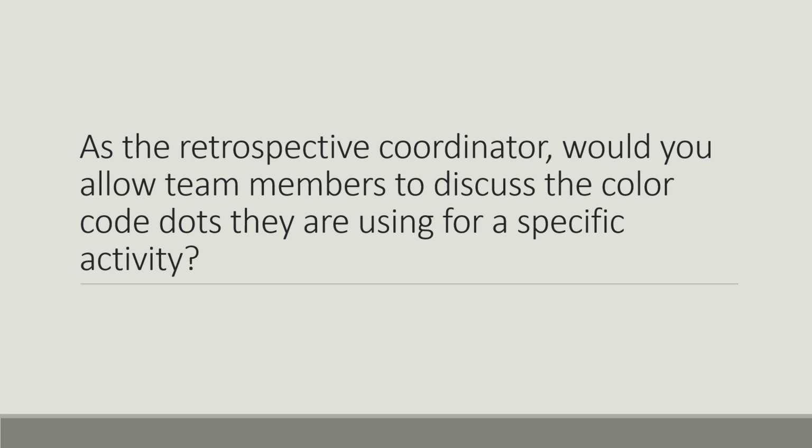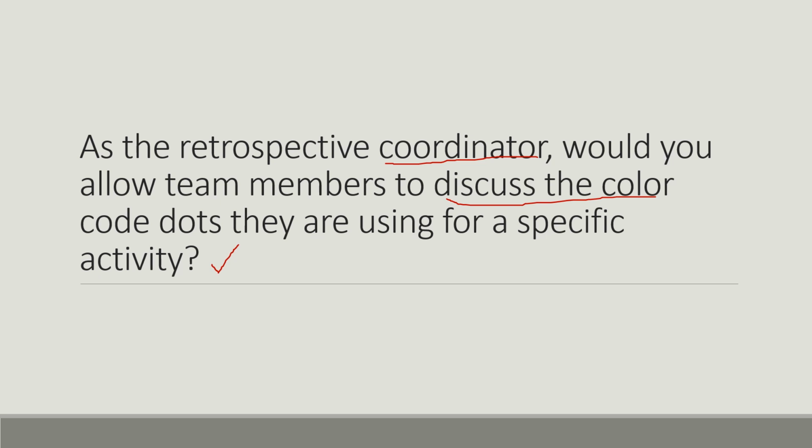So a quick question before we wrap this video up. As the retrospective coordinator, right? You are the project manager or the scrum master who is the coordinator, the moderator of the retrospective. Now, are you going to allow your team members to discuss the color code dots they are using for a specific activity or an event?